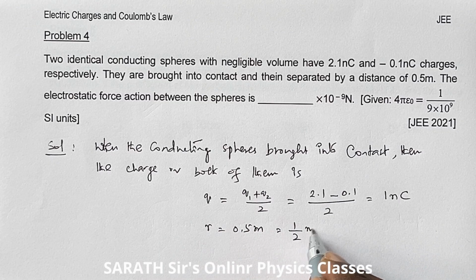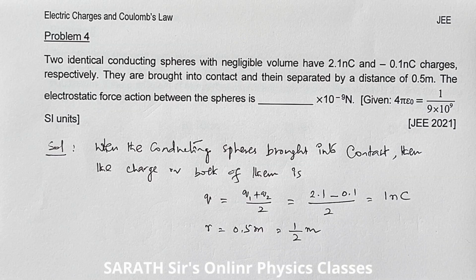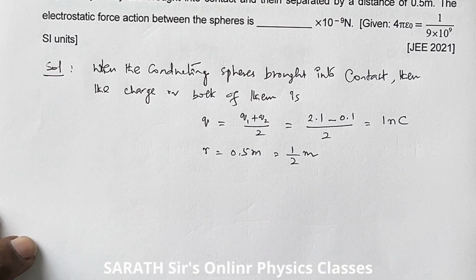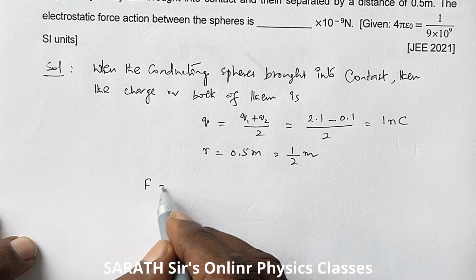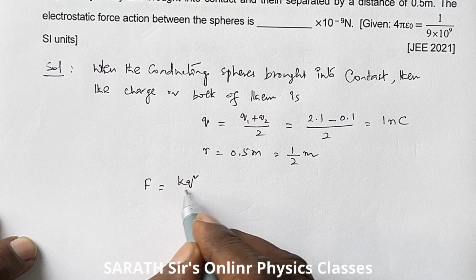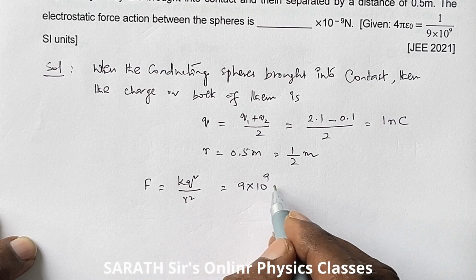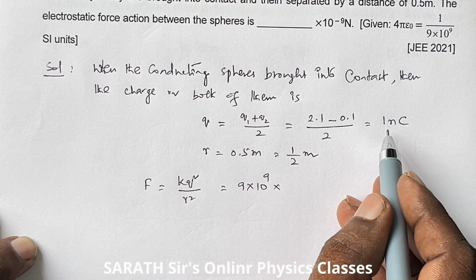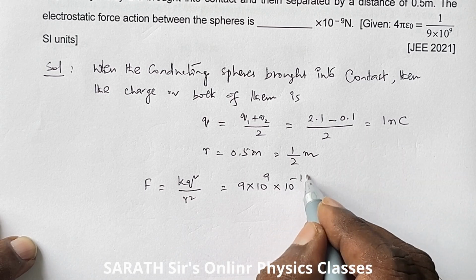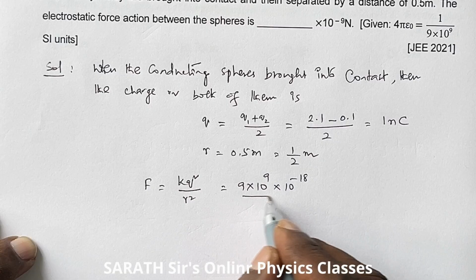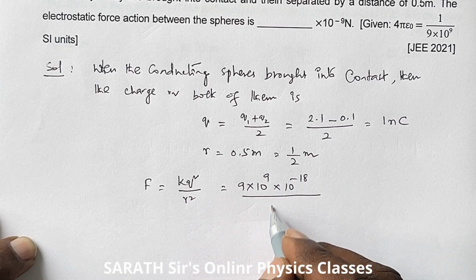That is equal to half meter. The force we have to calculate. That's all. F is equal to K Q square by R square. K value 9 into 10 to the power of 9. Q square, nano is 10 power minus 9, so 10 power minus 18, by R square, 1 by 4.